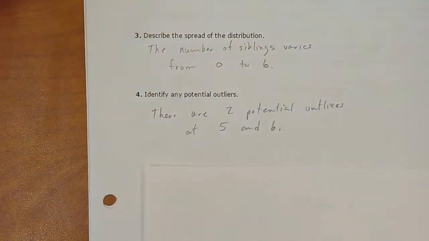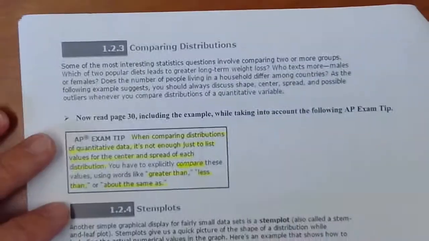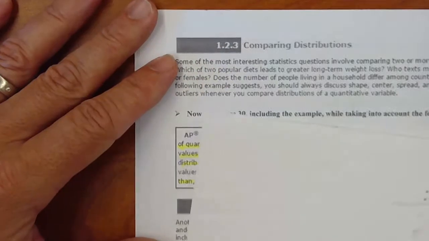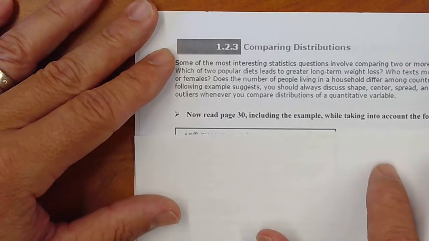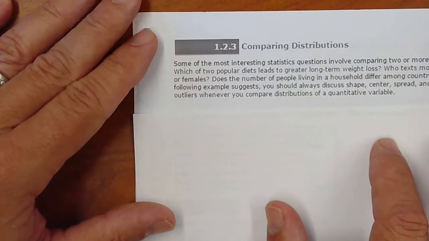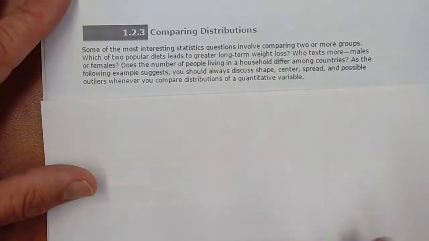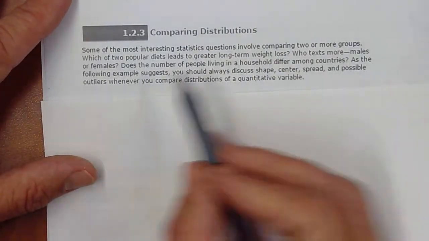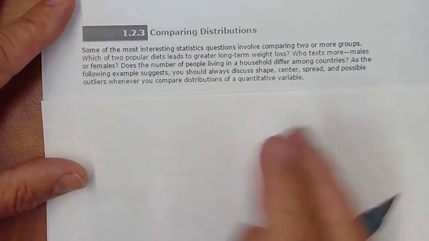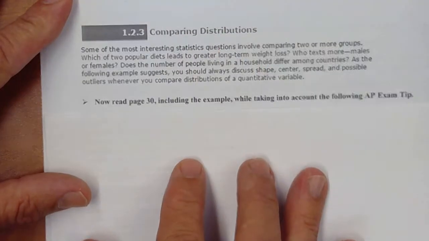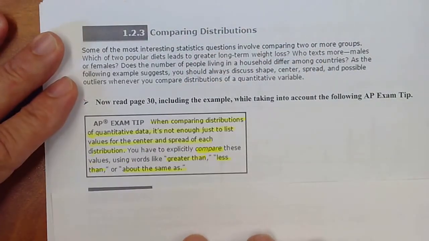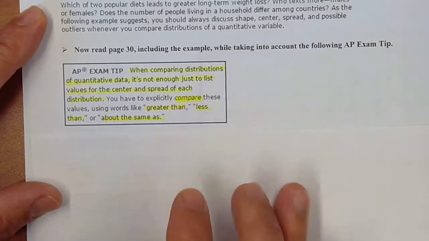Okay, let's move on to comparing distributions. All right, comparing distributions is very common. So go ahead and read that and read page 30 along with this AP exam tip.